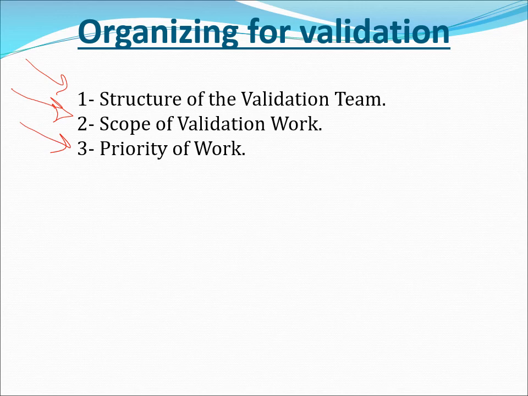If we have, for example, tablets and capsules, or tablets and liquid dosage forms, a product with a potent drug and a product with a non-potent drug, which is more important? That is the priority of work. Then the documents that need to be filled. We have to have a plan for validation. We have to have another document for the results, another document for the conclusion or the findings, and so on.